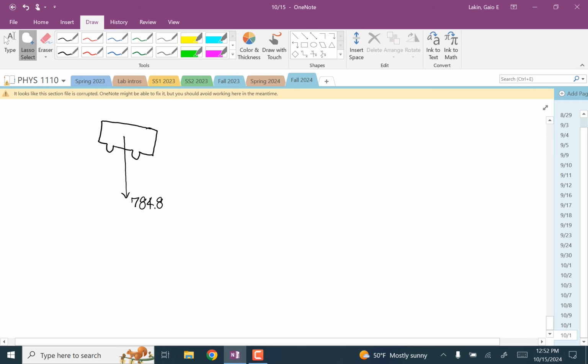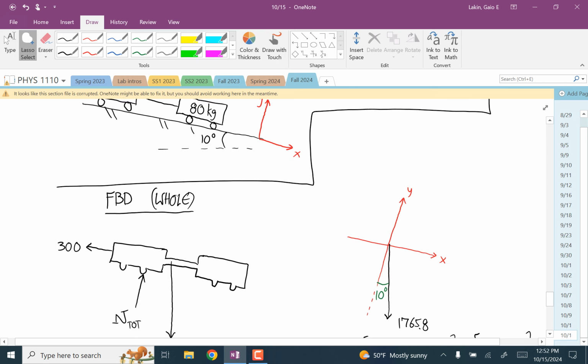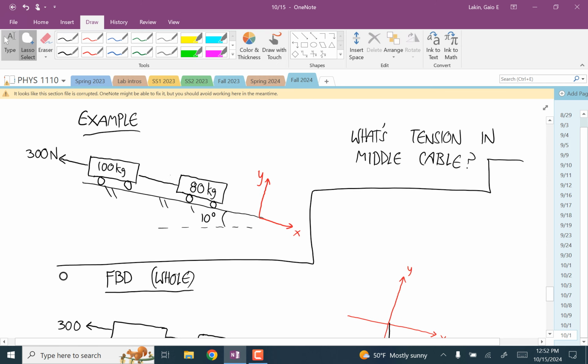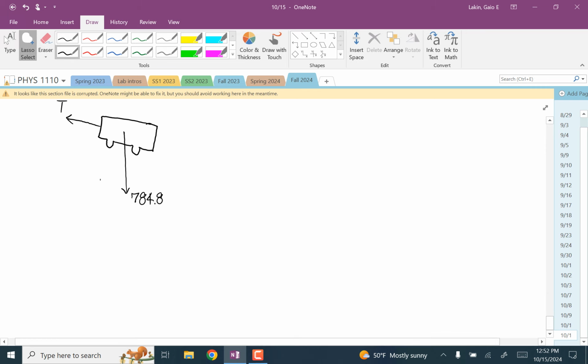Cable, yep. So the rule says that's parallel to the cable away from the body, and that's T. And all we're trying to find is that T. And then there's one other place where the surroundings contact the boundary. The normal force, yep. And I'll call that N80 just to be clear that that's different than the N total.